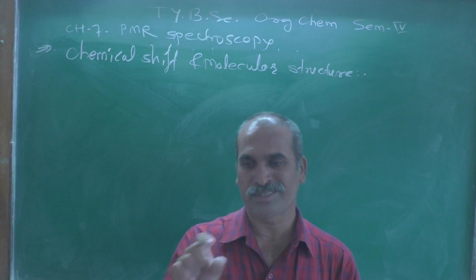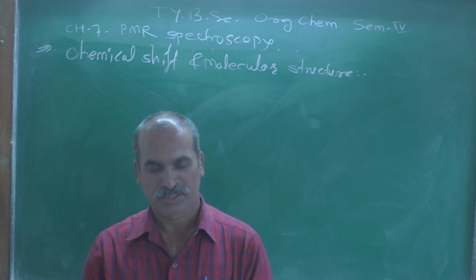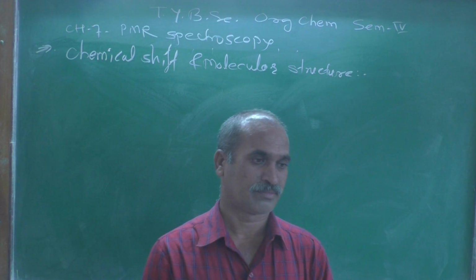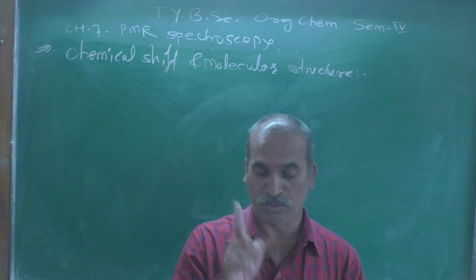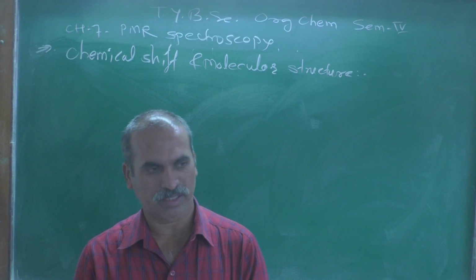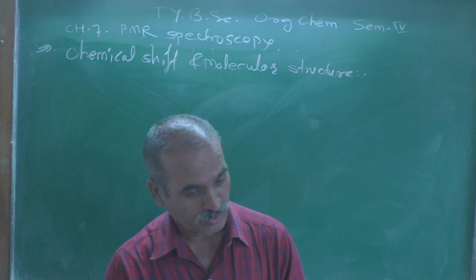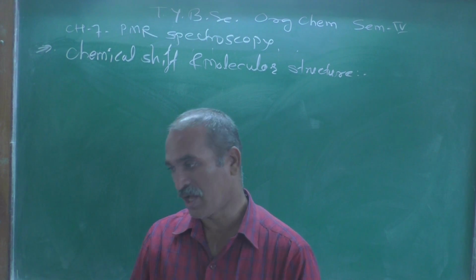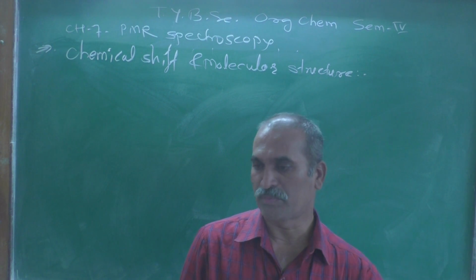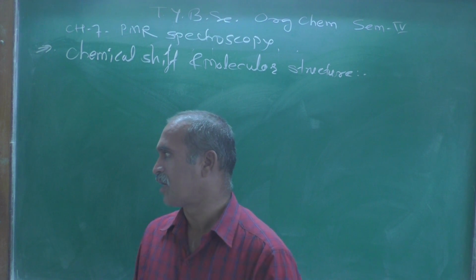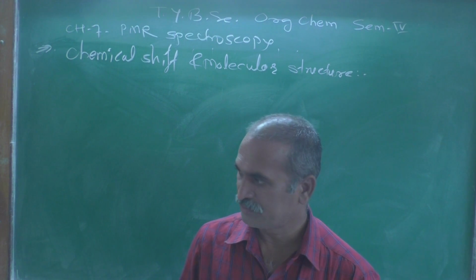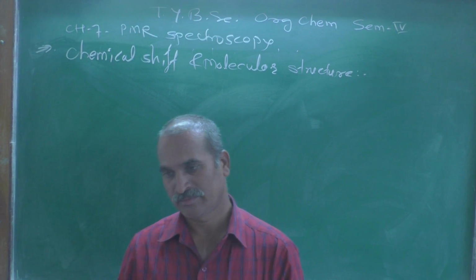Suppose the chemical shift value appears around 7.2, then the proton is definitely an aromatic proton. So by knowing the chemical shift value, we can easily predict what kind of proton it is, whether aliphatic, aromatic, aldehyde, carboxylic, phenolic, enolic, like that.